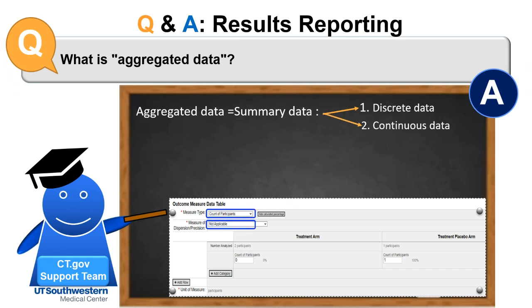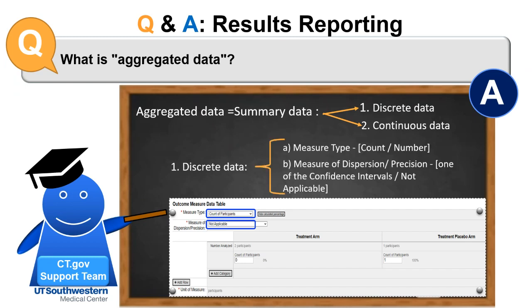These data are required to be reported or summarized by the measure type and measure of dispersion or precision used. The measure type data element represents the method used to summarize the outcome data. The measure of dispersion or precision data element represents a measure of the spread of the data. Discrete data are summarized with a measure type of count, for which the measure of dispersion or precision data element is not relevant.